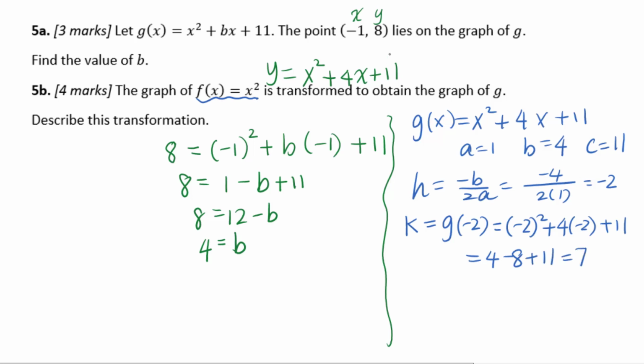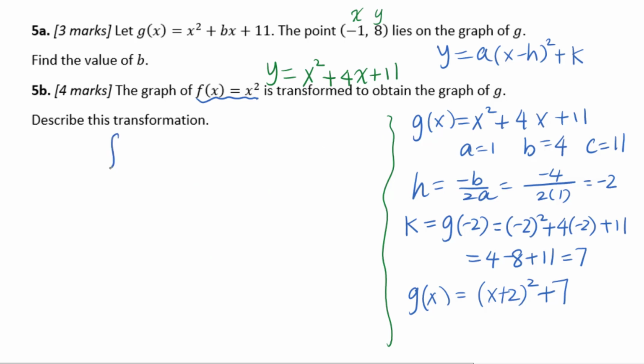According to the vertex form y equals a(x minus h) squared plus k, g of x equals, with a equals 1, (x plus 2) squared plus 7.